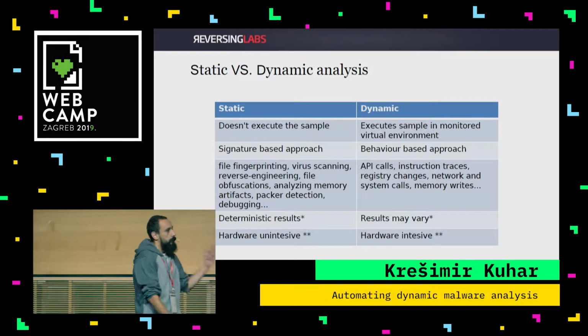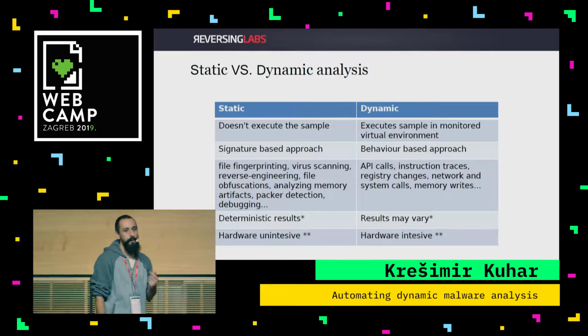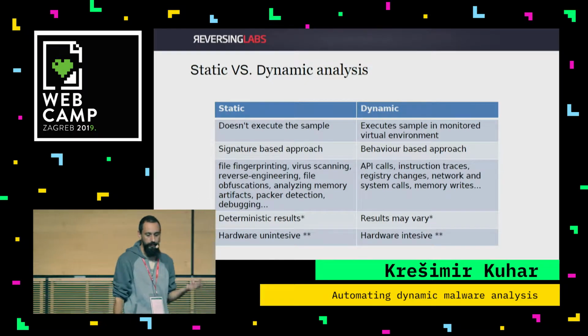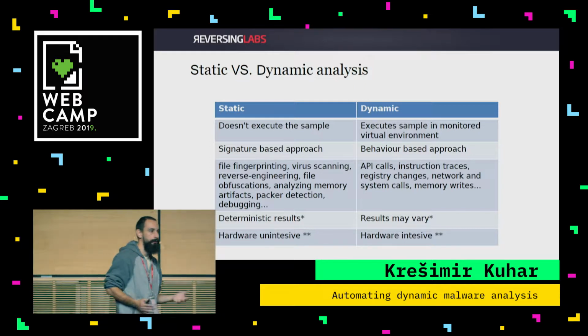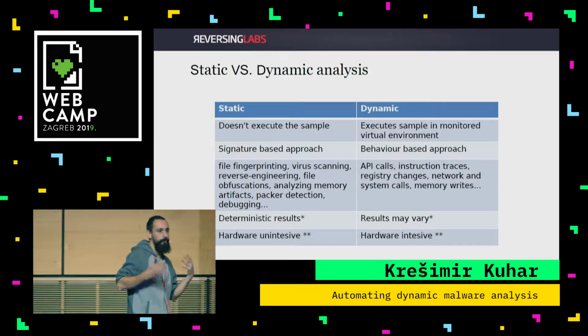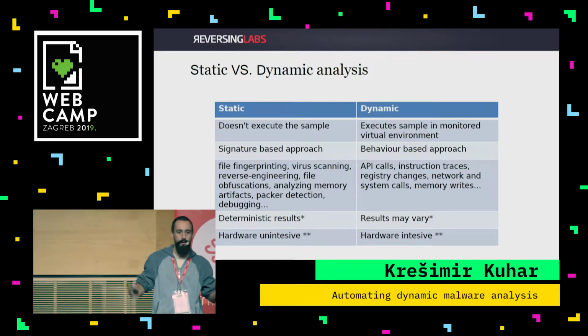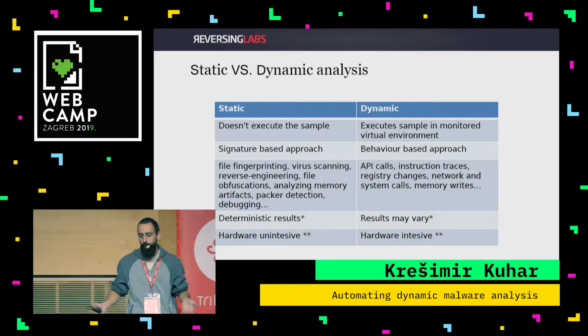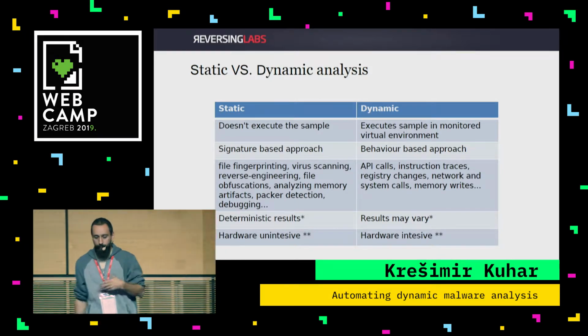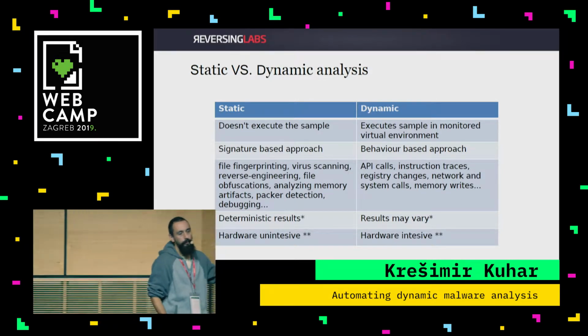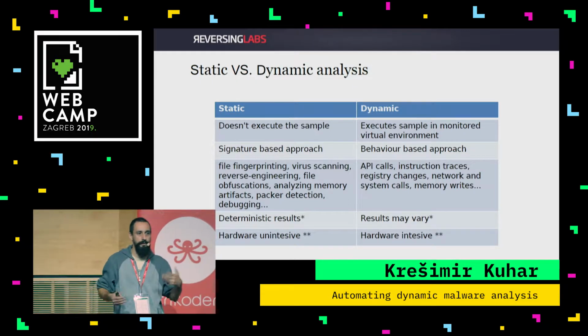So in static analysis you will go with the signature-based approach. What does that mean? You will need to find out metadata about files. You will need to know about file fingerprinting, so hashing the file, the unique identifier of a file. You can reverse engineer the file, analyze memory artifacts, and so on. You will detect the packers of the malware, and so on.